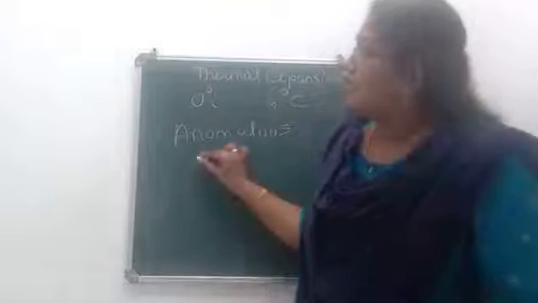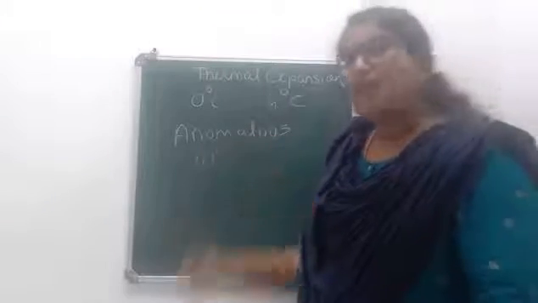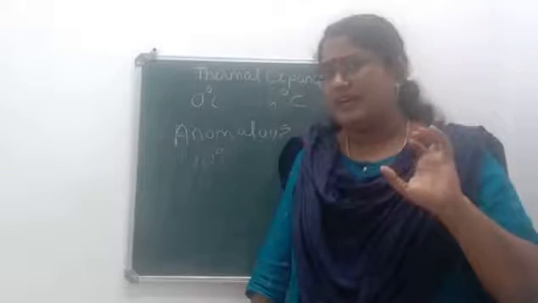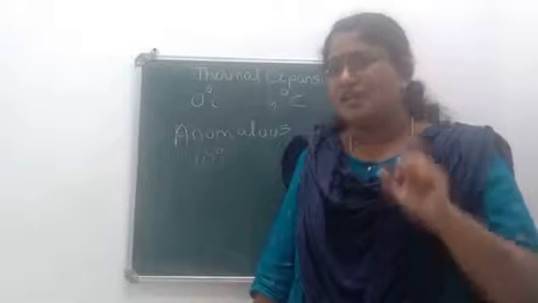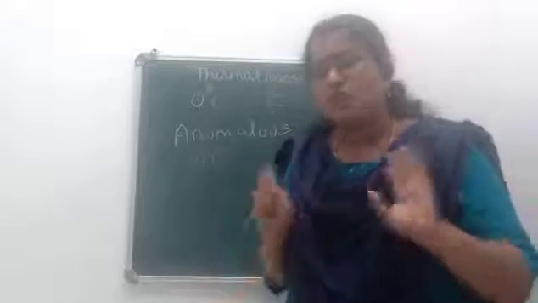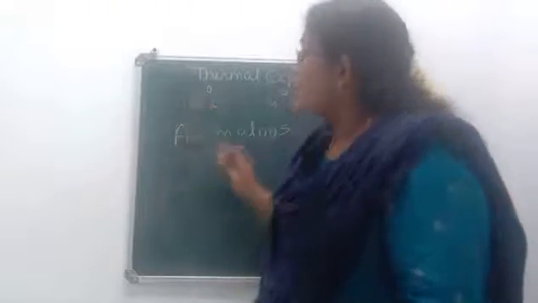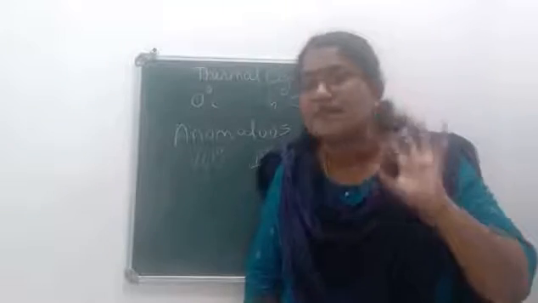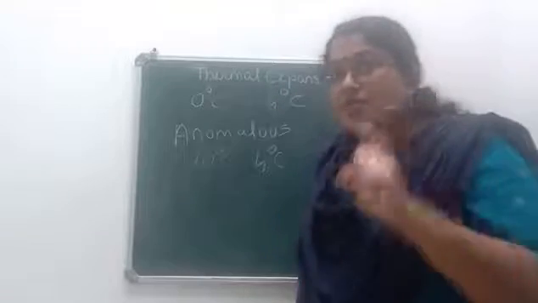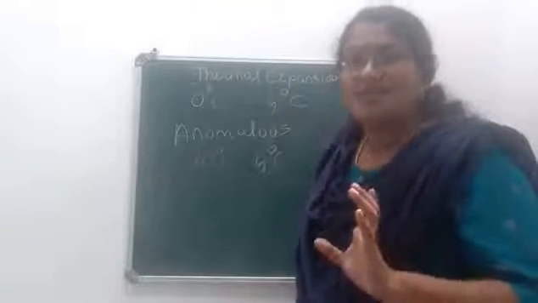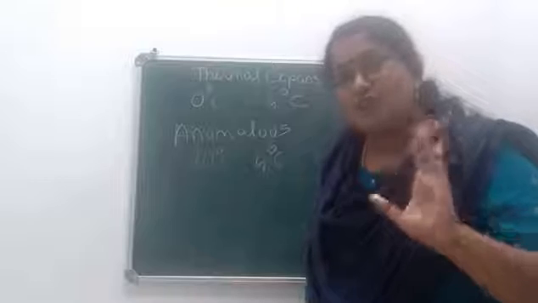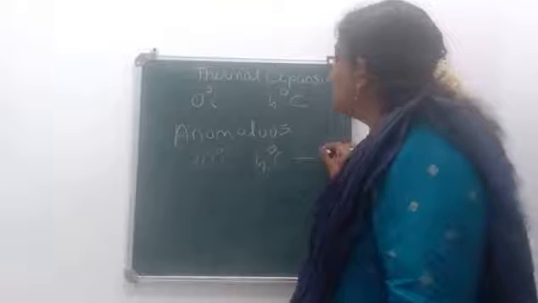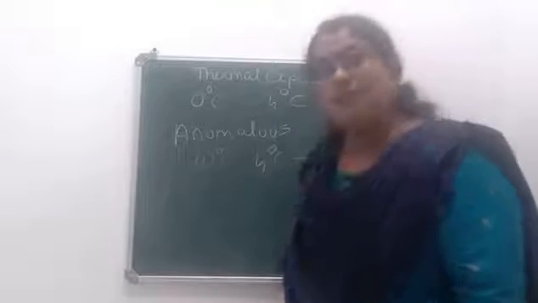Suppose we consider water at 10 degrees Celsius. When water is cooled, substances contract on cooling, isn't it? So water also will contract till 4 degrees Celsius. Then once it reaches 4 degrees, if you are cooling again, instead of contracting, it will expand till 0 degrees.